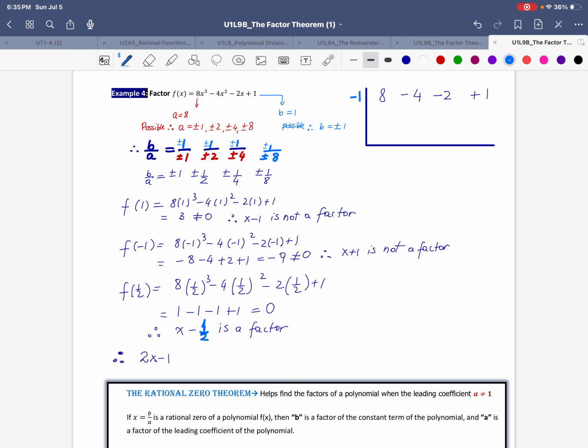So we have negative 1 over 2 here. We'll bring 8 down. 8 times negative 1 over 2 is negative 4. Negative 4 plus negative 4 is negative 8. Negative 8 times negative 1 over 2 is positive 4. Negative 2 plus 4 is 2. 2 times negative 1 over 2 is negative 1. Add, and then we get a remainder of 0.